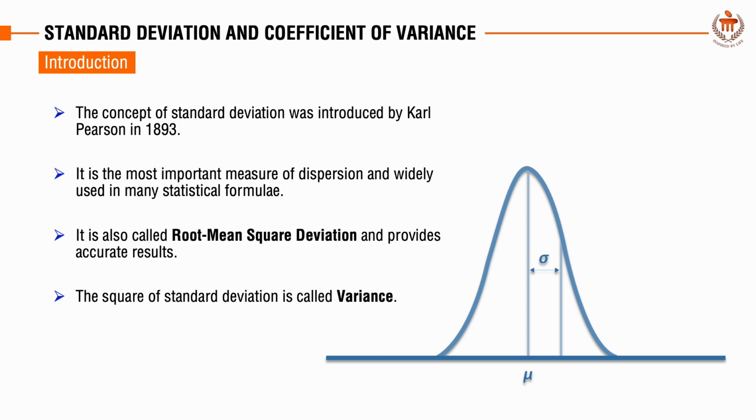Going further, when we discuss standard deviation, if we have to calculate the standard deviation of an individual series, then we need to take the deviation from the actual mean of the data.